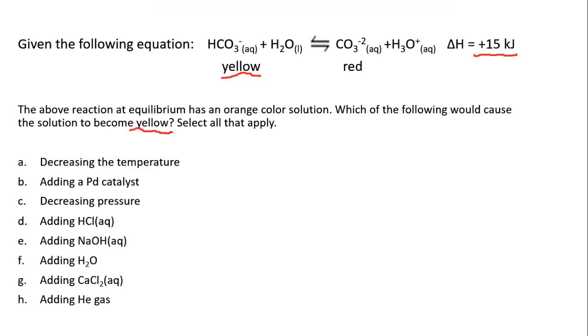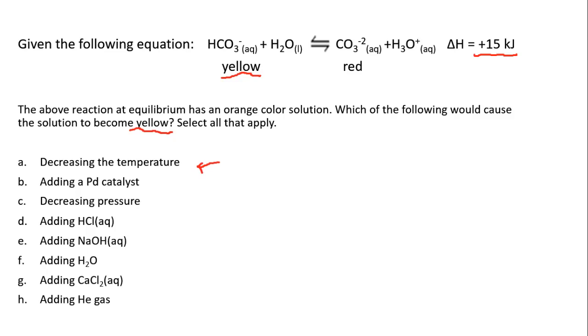So again, first thing we're going to do is see which way it's going to shift with each one of these disturbances. Decreasing the temperature means that we're removing heat. And since this is endothermic, heat is a reactant. So if we're removing a reactant, it's going to shift to reactants.